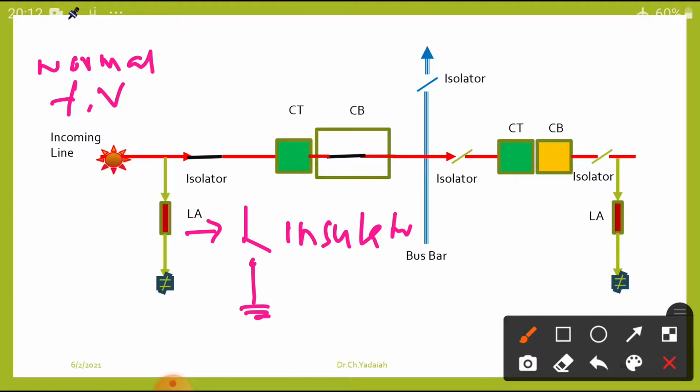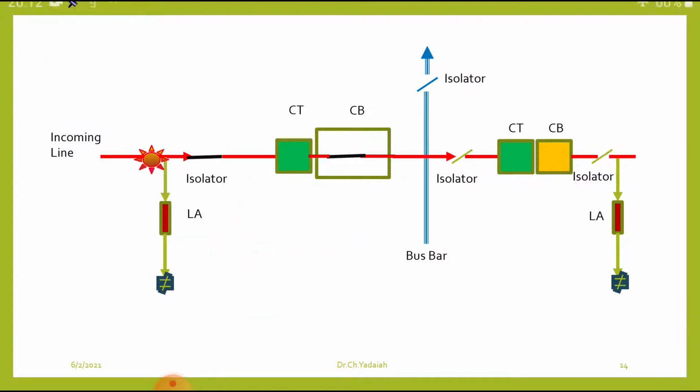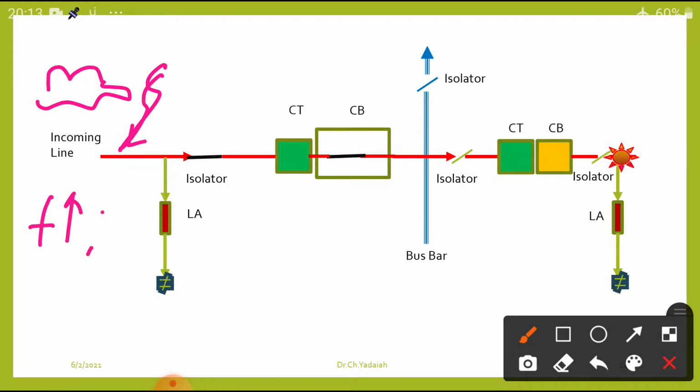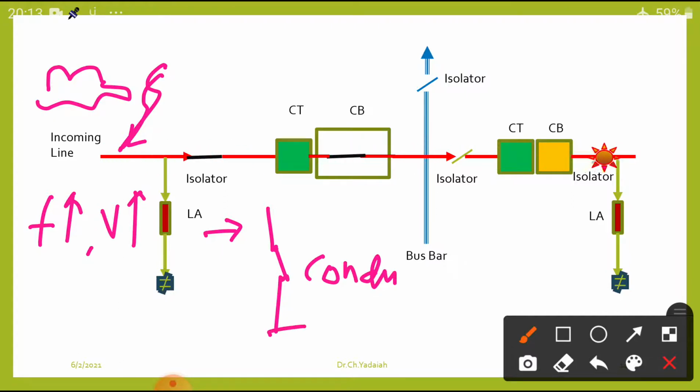Now if there is any lightning discharge on the line, our frequency increases and our voltage also increases. At that condition, our lightning arresters simply close the line. Just like a closed line, it acts as a good conductor. Then whatever current is coming here flows directly to the ground.